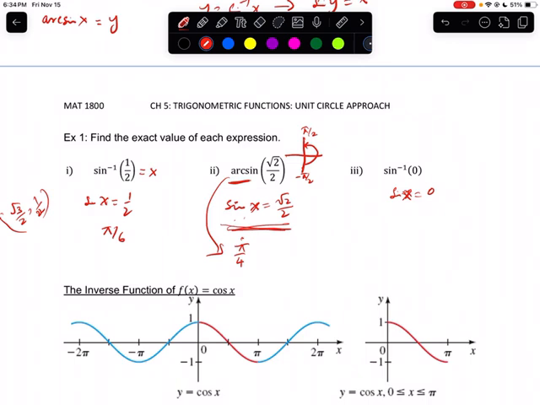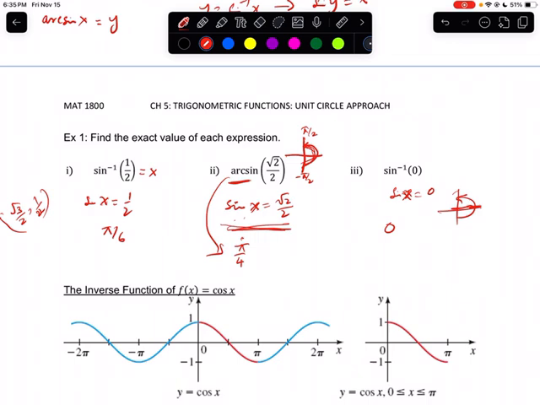But here you have only one answer, and it should be between negative pi over 2 and pi over 2. So the answer will be 0, because 0 is the only value in that interval for which sine is 0.